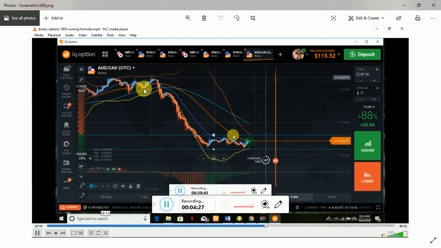Without any further ado, let me just explain this quickly. Okay, so this is AUD CAD. I want you to take a good look at this. Starting from here, you look at this graph on how it's moving all the way down, and then you see how the lines are intersecting.